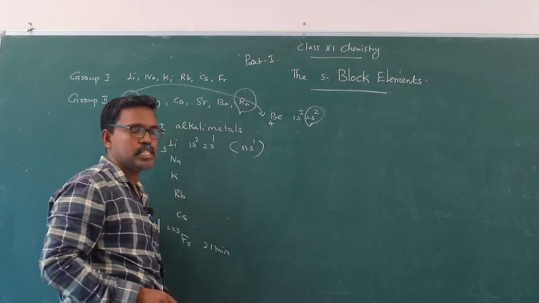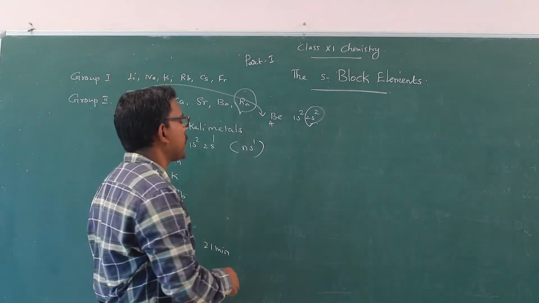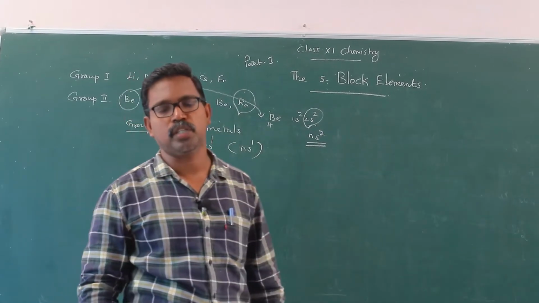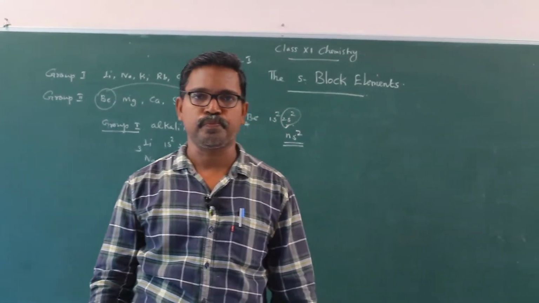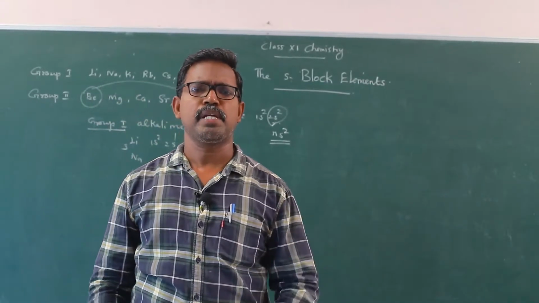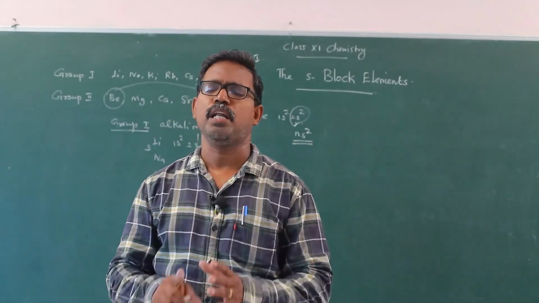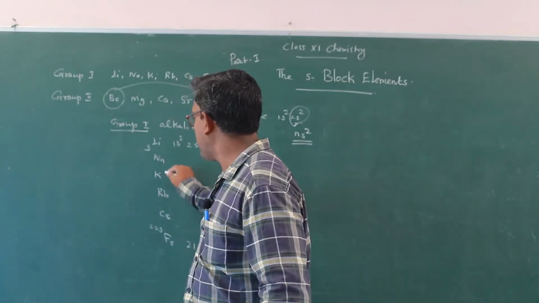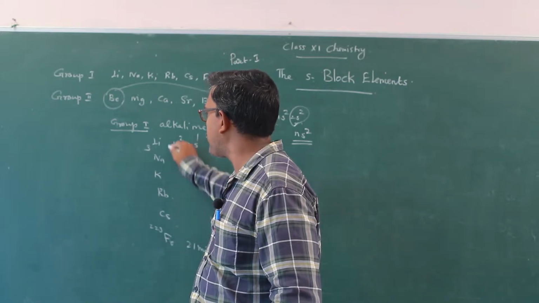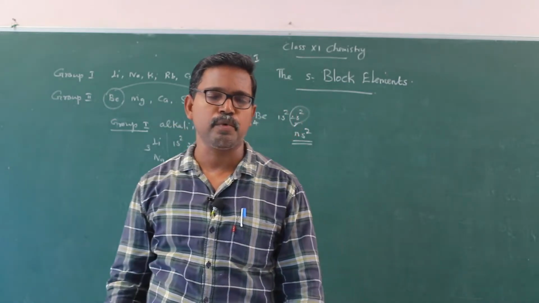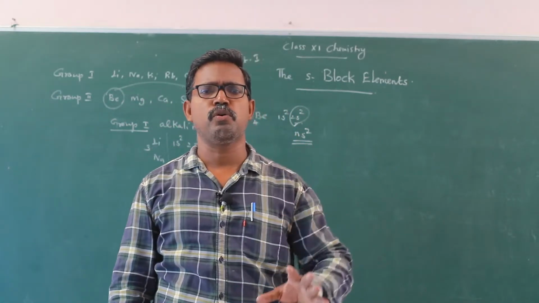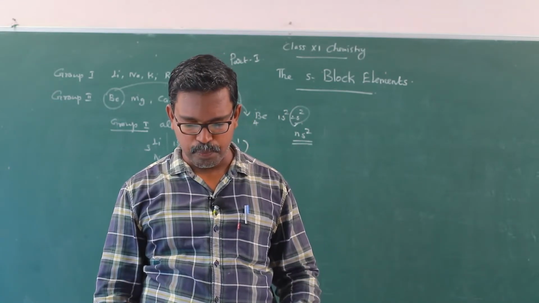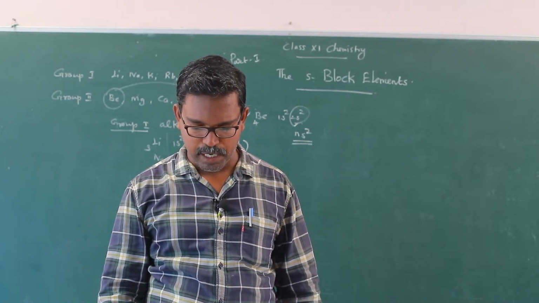The valence shell configuration is 2s2, therefore all these elements show the general electronic configuration ns2. The elements present in the same group, lithium, sodium, potassium, rubidium, cesium, francium, show similar physical and chemical properties.